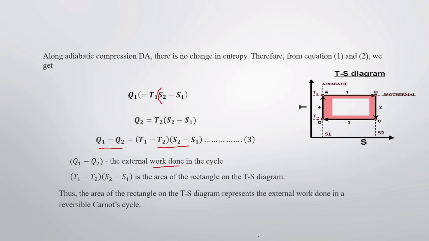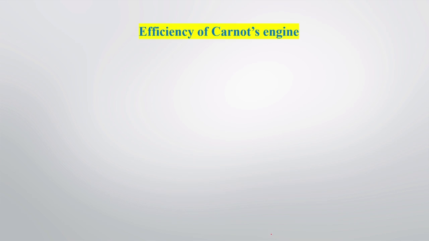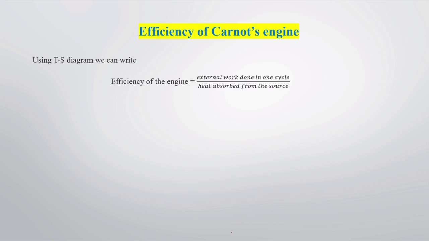Now we can also find the efficiency of the Carnot engine using this TS diagram. We know that the efficiency of the engine is the external work done in one cycle divided by the heat absorbed from the source. Just now we have seen that the external work done in one cycle is Q1 minus Q2, and the heat absorbed from the source is Q1. So instead of Q1 minus Q2 we write (T1 minus T2) into (S2 minus S1), divided by, from equation 1, T1 into (S2 minus S1).